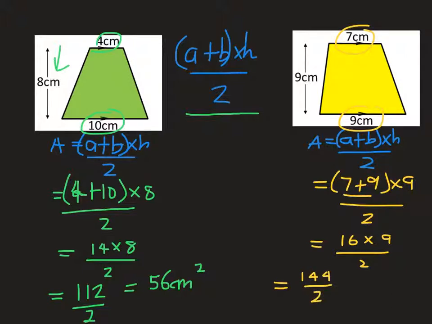That's because I know 10 times by 9 is 90, and 6 times by 9 is 54, and I've added those together. So we've got 144 divided by 2 is equal to 72. So the area of this trapezium is 72 square centimetres.